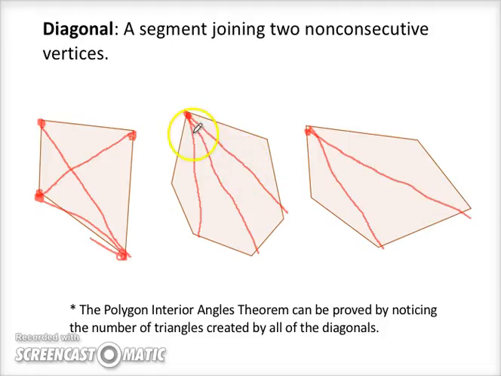And notice that these diagonals are kind of wiggly here, but are dividing up this entire polygon into a number of different triangles. And this observation can actually help you prove the polygon interior angles theorem by noticing how many triangles are created by all of the diagonals that start at one vertex.